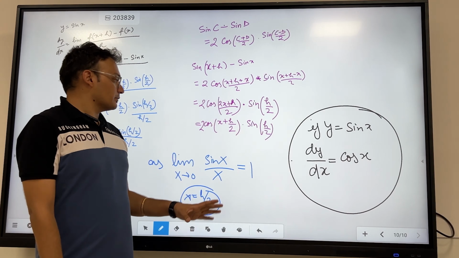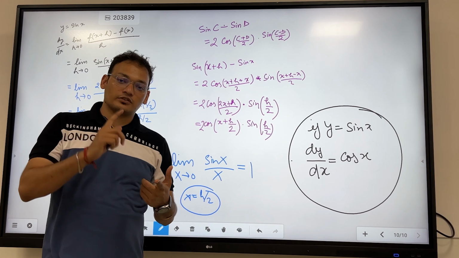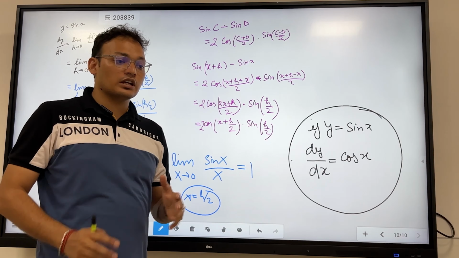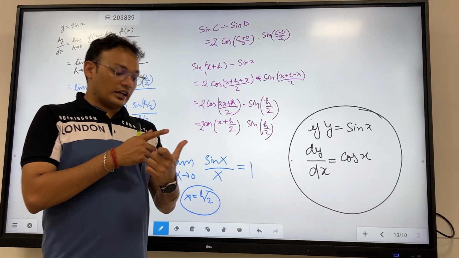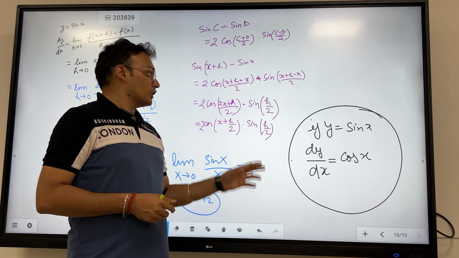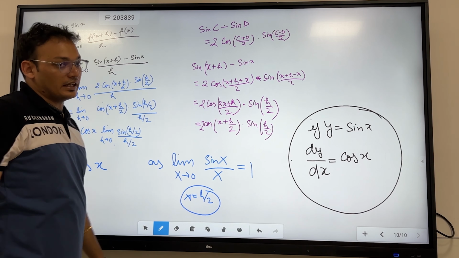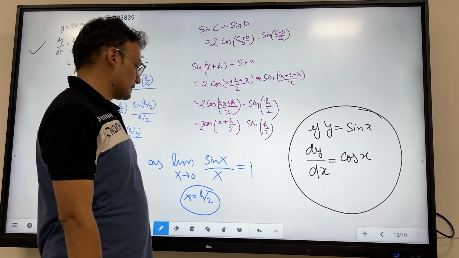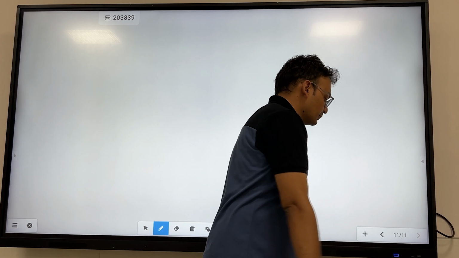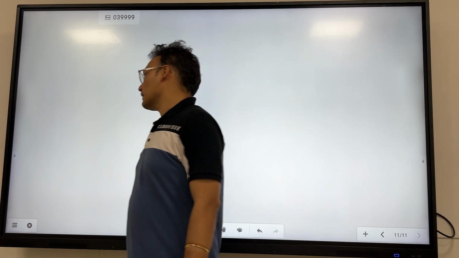Similarly, students, you can solve for the function cos x, for tan x, and for any trigonometric, exponential or log function using the first principle of derivative. I hope this is going clear to you. Let's discuss some more rules of differentiation.